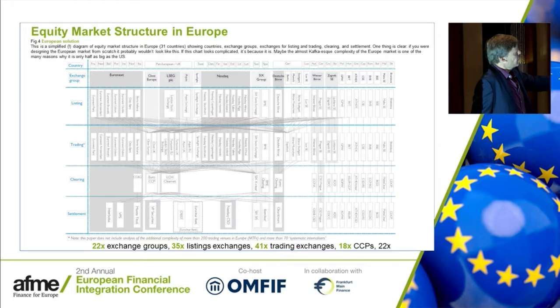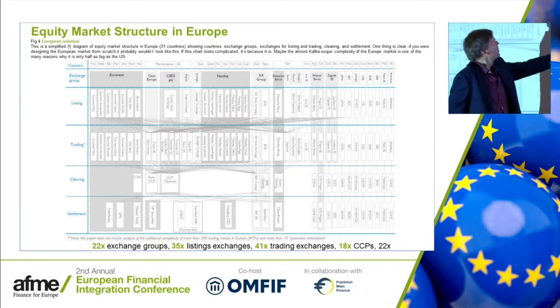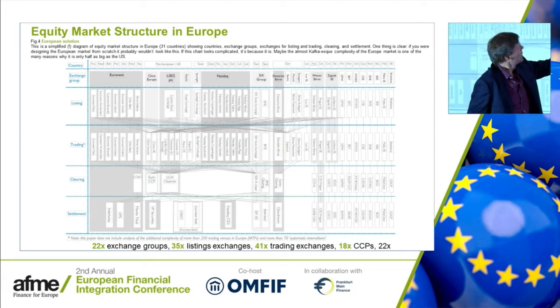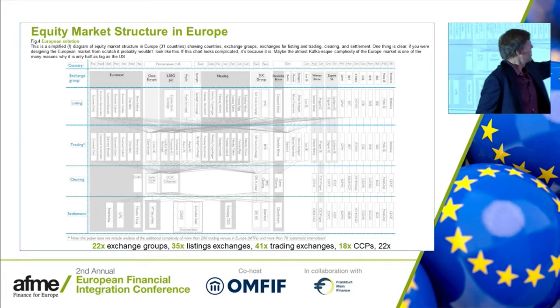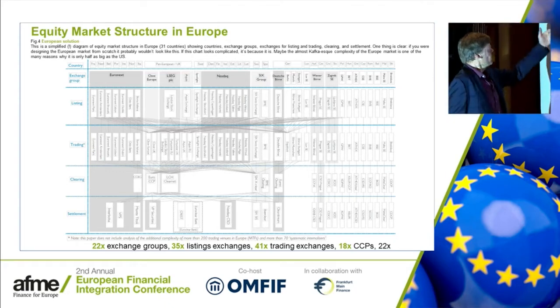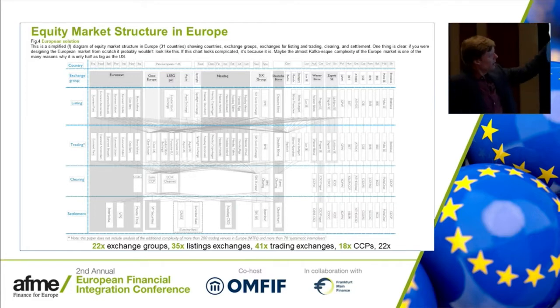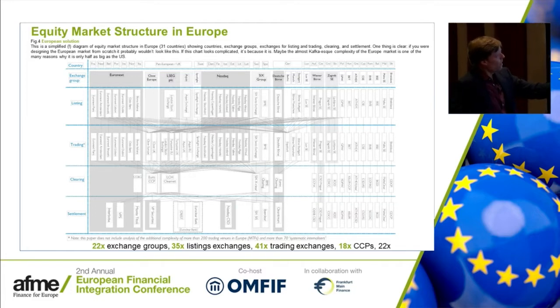The right-hand side of the slide, starting here, so Wiener Börse, Zagreb, Poland, lots of small countries. It's kind of a totally different infrastructure, because you list and you trade and you clear and you settle in a vertically integrated silo.